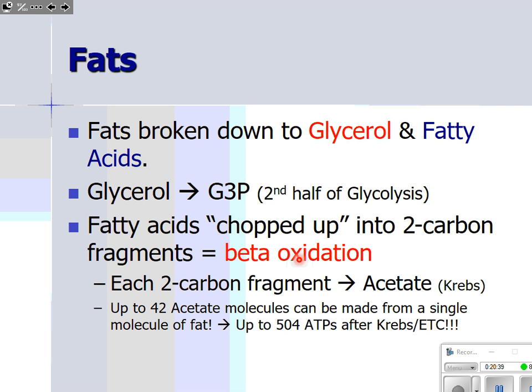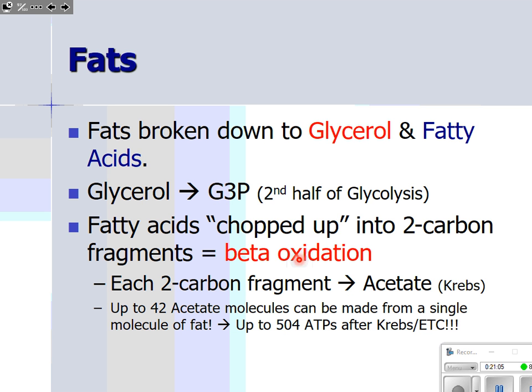Well, fats can be used as fuels. In fact, stored body fat is the most highly concentrated source of stored energy in an animal's body. There's a lot more potential ATP that can be made from a gram of body fat compared to, say, a gram of glucose.